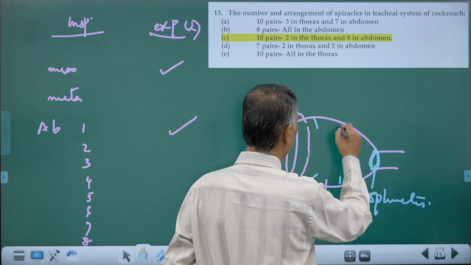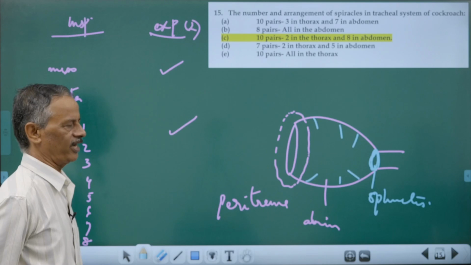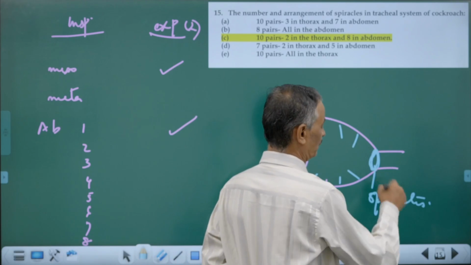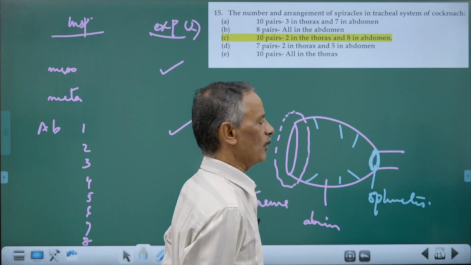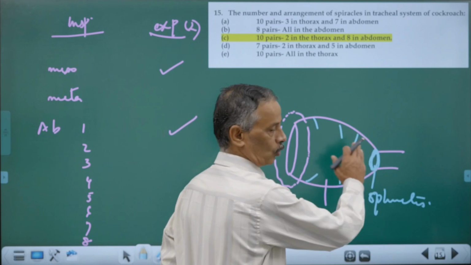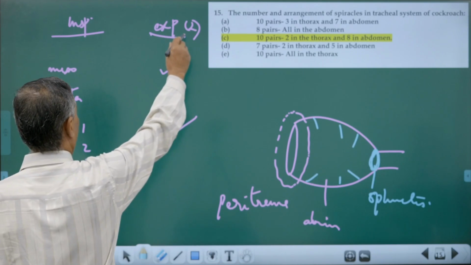On the inner side, you have chitinous hair-like structures that will be filtering the air entering in, and the spiracular muscles, sphincter, the circular muscle, will be helping in regulating the airflow. Okay, so only 2 are expiratory.